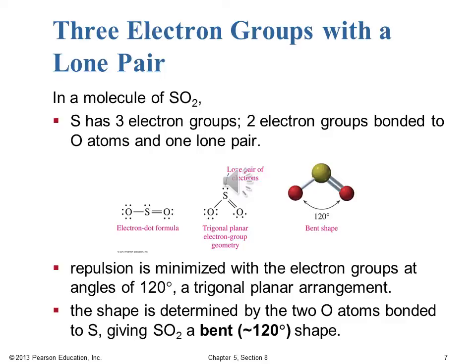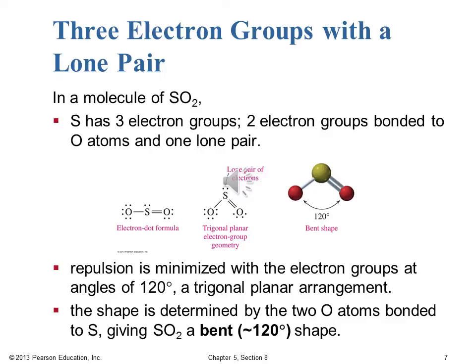Also, the lone pair has greater repulsion than bonding pairs. So actually, we've constrained that OSO bond angle to slightly less than 120 degrees, and we have, again, that defect as a result of the larger repulsion due to a lone pair than a bonding pair.